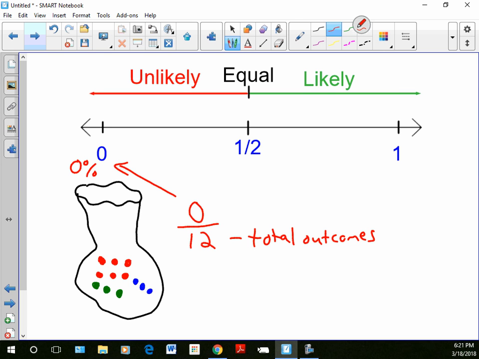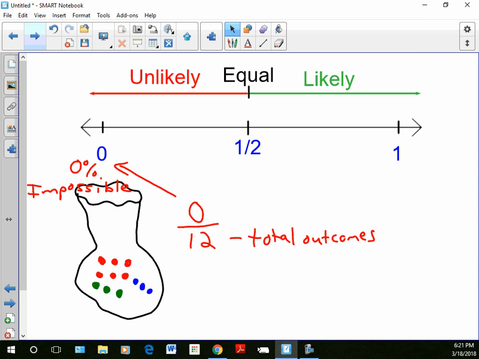That is impossible in probability. It will not happen. You cannot get the desired outcome that you want.